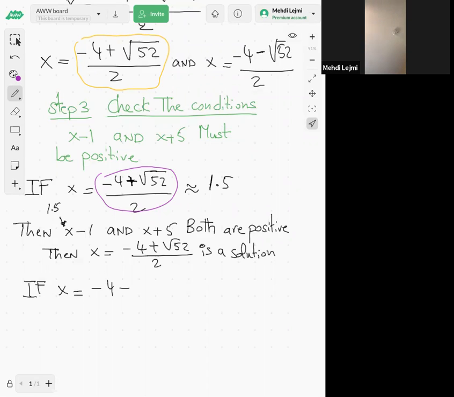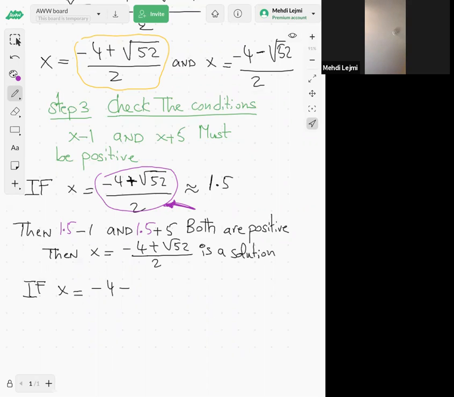So think of this x as 1.5, right? If you subtract 1 from this number, it is still positive: 1.5 minus 1 is 0.5, yes. And if you add 5, that would be positive too. So yes, that would be positive.